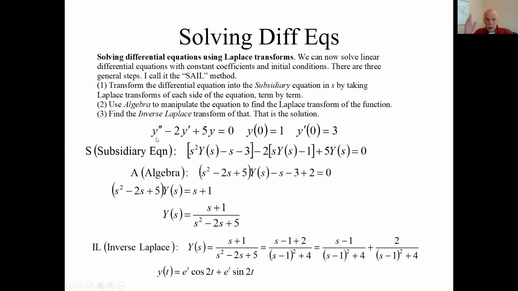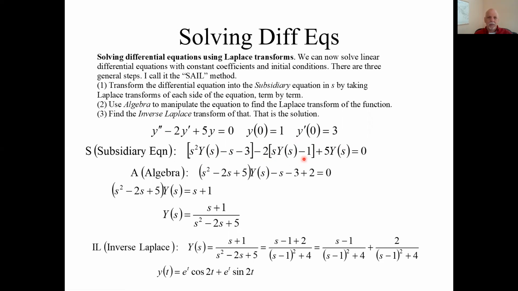So from what we just learned about transforms, the Laplace transform of y double prime is going to be s squared times big Y minus s times y0, which is 1, or minus s, then minus y prime, which is 3.